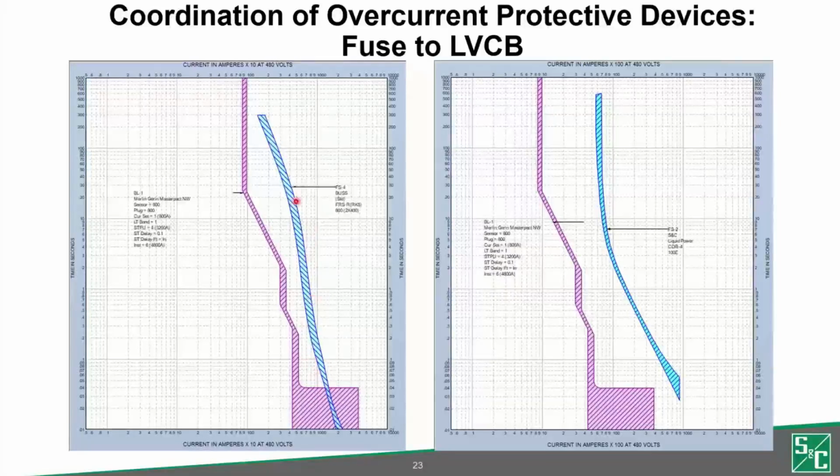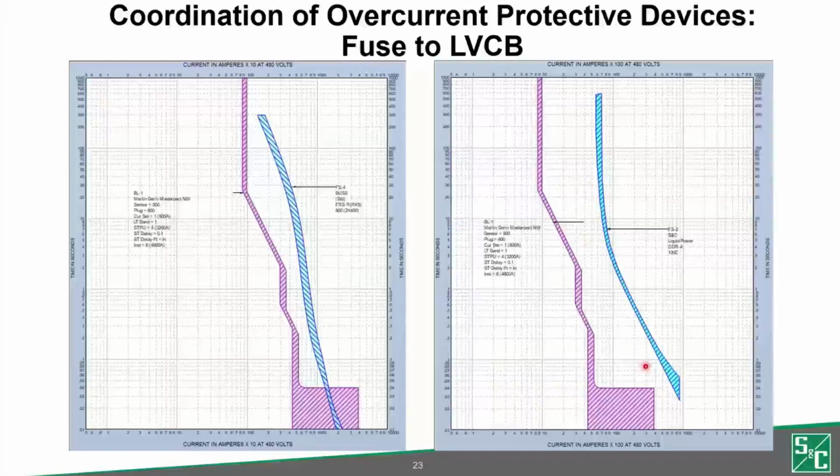So if you were trying to pick a fuse curve, you might want this fuse curve to come out over here and not interfere with this breaker in the instantaneous region. Alternatively, this right side shows these two nicely coordinated curves, but the difference between the left one and the right is the right one has the same low voltage breaker, but actually a medium voltage fuse upstream. To do that, there'd have to be a transformer in between.